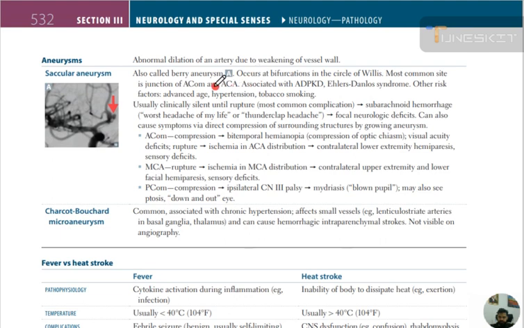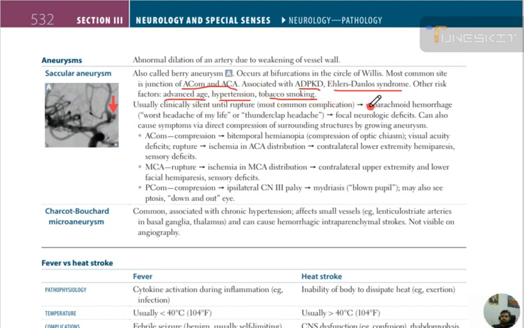Okay, first it is at the junction of the anterior communicating and anterior cerebral artery. It is associated with autosomal dominant polycystic kidney disease, Ehlers-Danlos syndrome, and the associated risks are advanced age, hypertension, and tobacco smoking. It is clinically silent until rupture occurs.